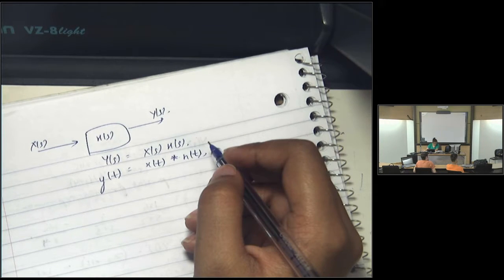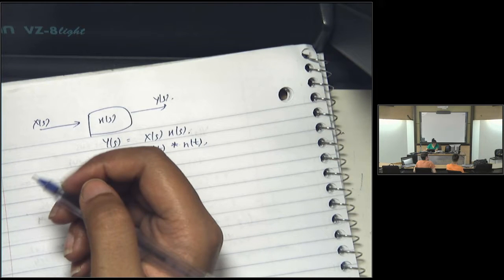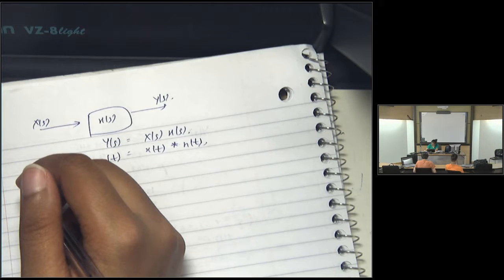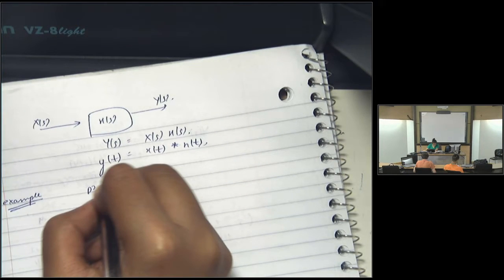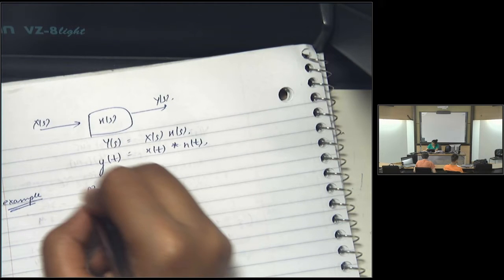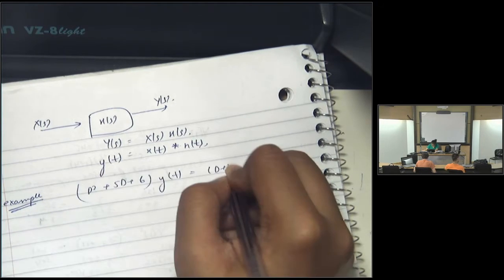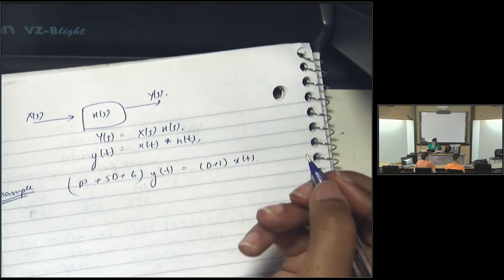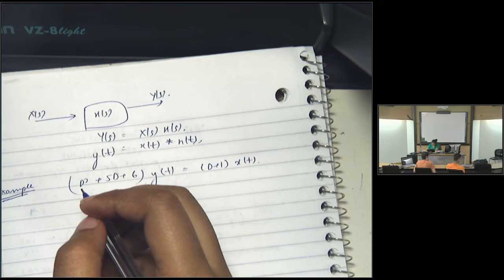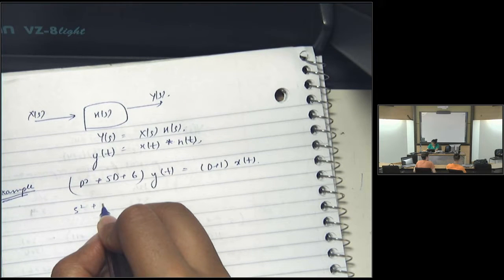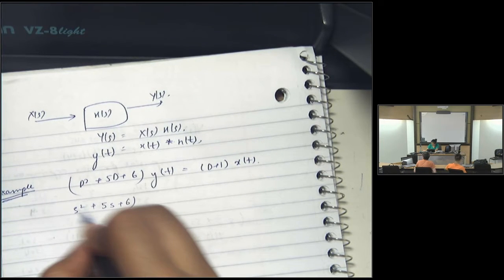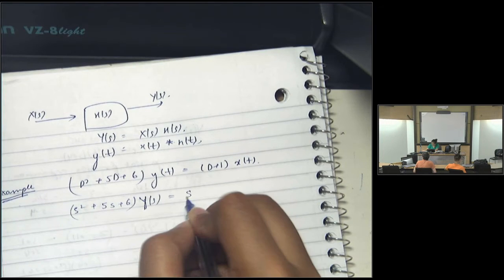All right. Now, let's just do a quick example. So we are given the following equation, which is similar to the last one. This equation in terms of s is (s^2 + 5s + 6) Y(s) equals (s + 1) X(s).